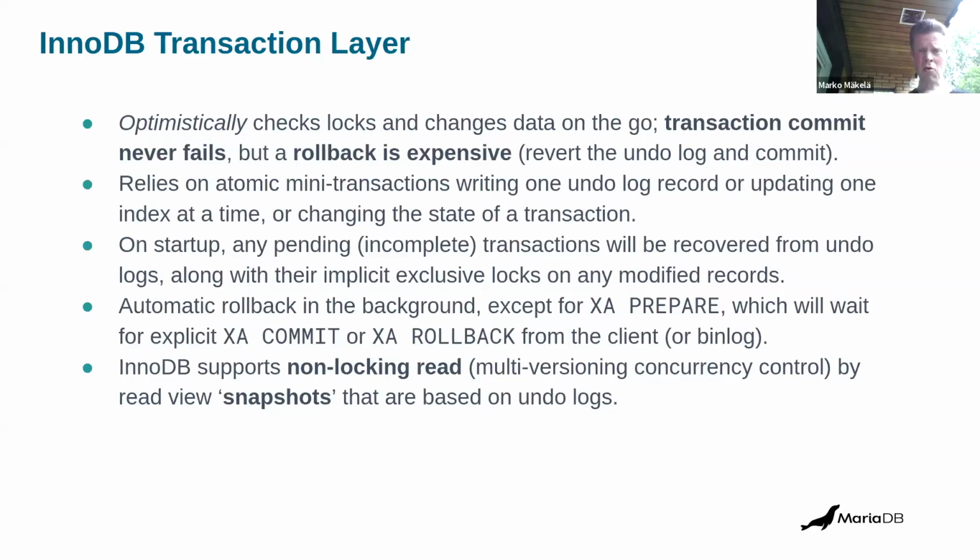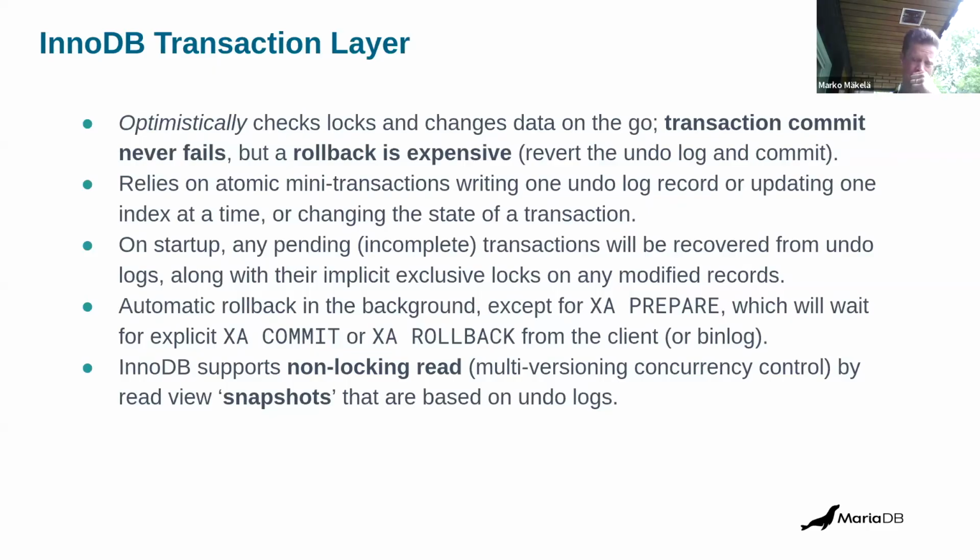We have an automatic rollback of incomplete transactions in the background, but that doesn't cover any distributed transactions that are recovered in the XA prepare state. Those transactions will have to wait for an explicit XA commit or XA rollback statement from a client connection or from the binlog, which is using the XA mechanism to keep the binlog in sync with InnoDB.